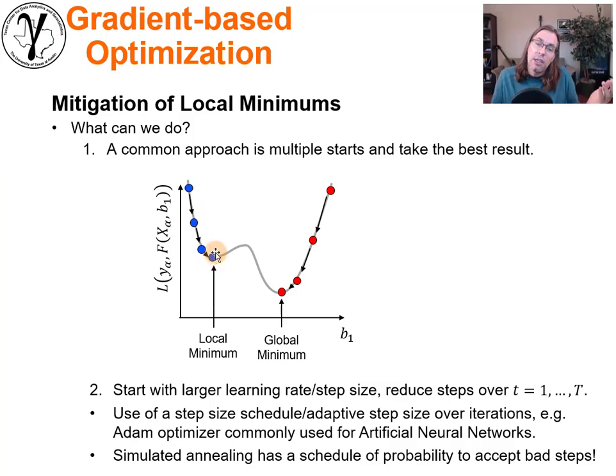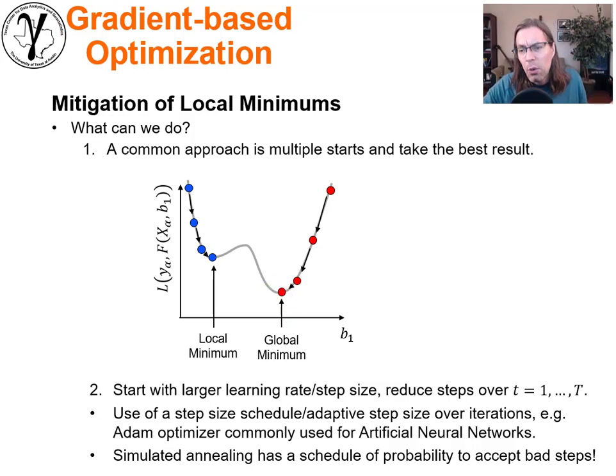But if we were to seed enough random starts, we'll explore the solution space and we would find this one right here. How do we know the difference? Not a big deal. We can calculate the loss function here, the loss function here, and the one that minimizes over all of those is going to be our best estimate of the global minimum.